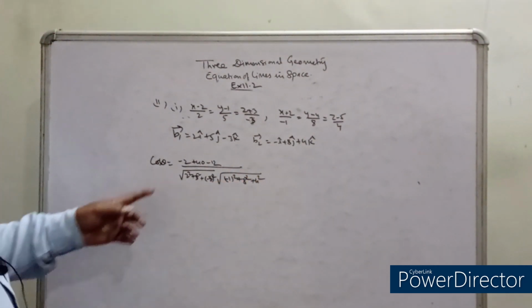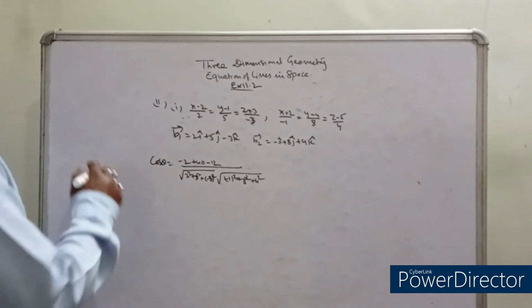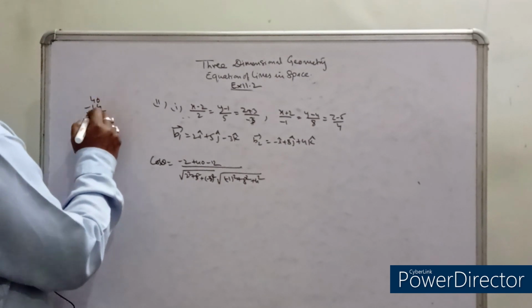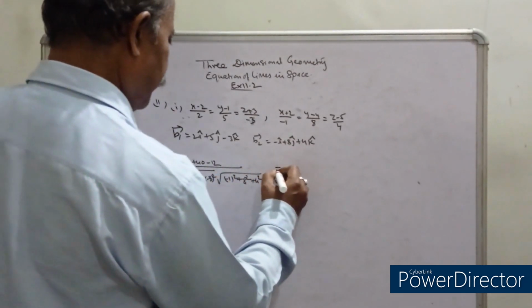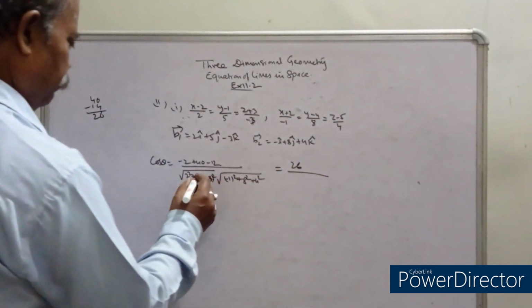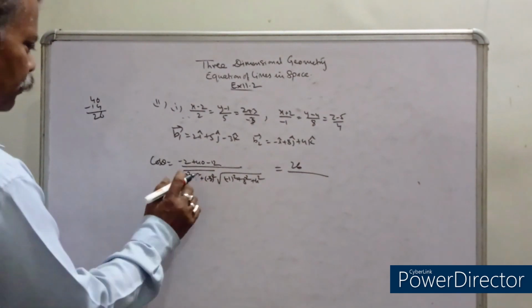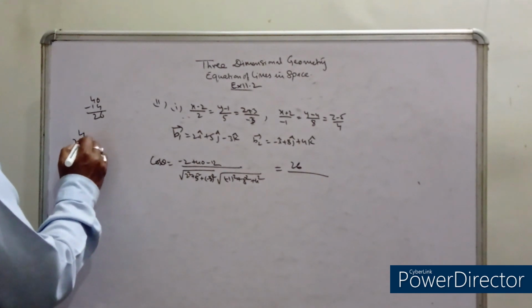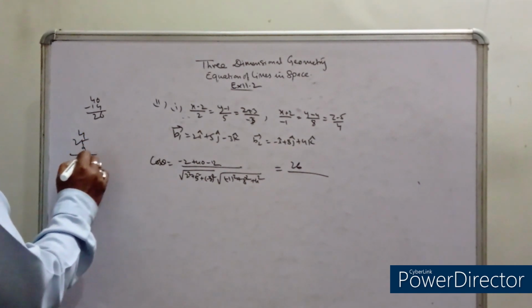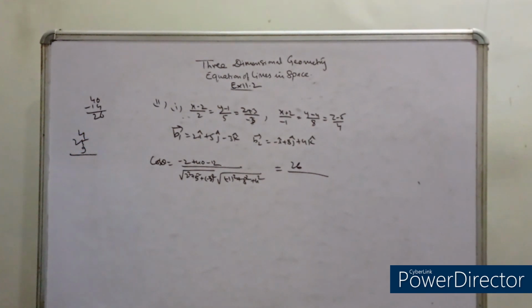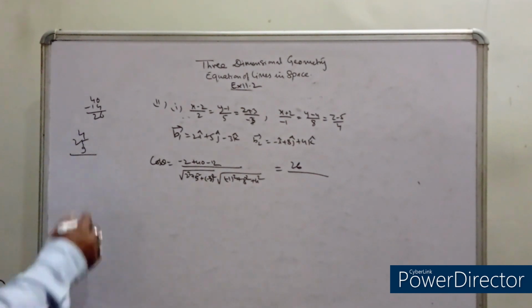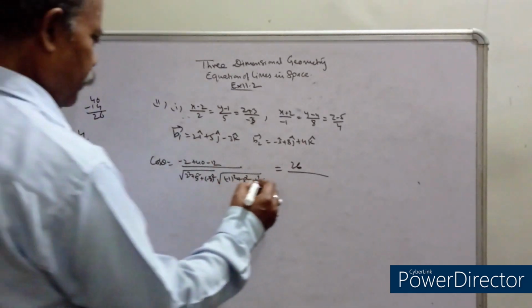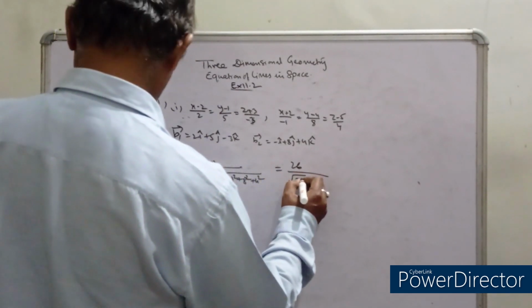So this comes out to be 40 minus 14, which is 26. And here 2 square is 4, 4 plus 25 is 29, plus 9 is 38, so this is root 38.